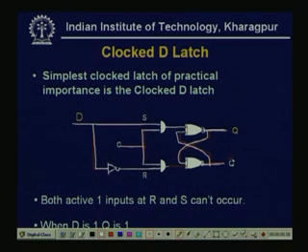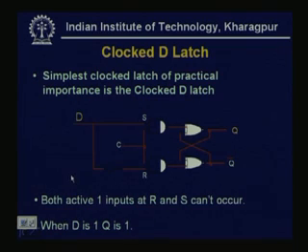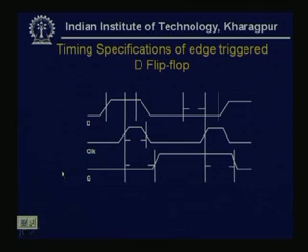This we have already seen last day. Now, with respect to the timing specifications of the D latch, we will check the propagation delay, setup time and the hold time. These are the timing specifications.